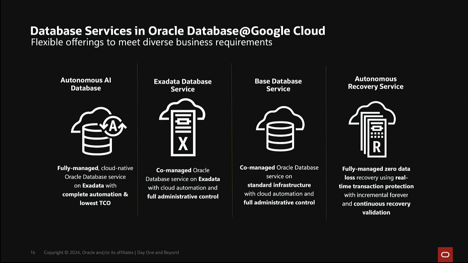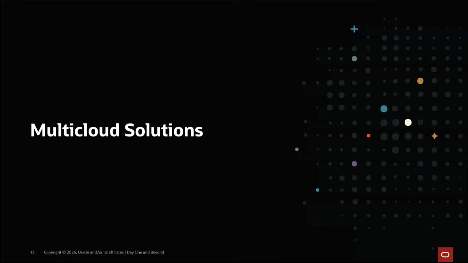And then I've already talked about our autonomous recovery service: fully managed zero data loss recovery using real-time transaction protection, incremental forever backups, and continuous recovery validation. So lots of flexibility, lots of choices for you to get started with Oracle Database at Google Cloud.